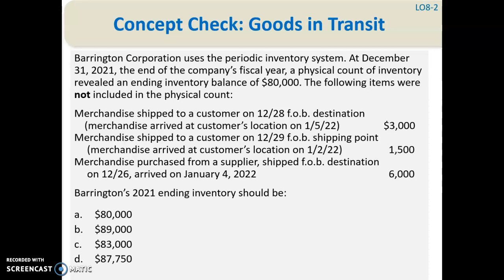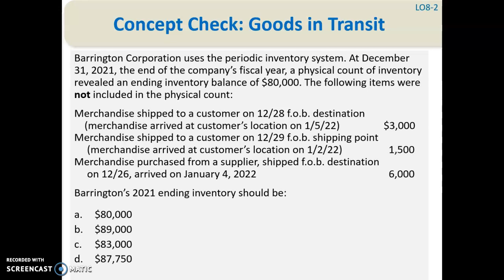The following items were not included in the physical count. Merchandise shipped to a customer on December 28th, FOB destination. The merchandise arrived at the customer's location on January 5th, 2022, $3,000.